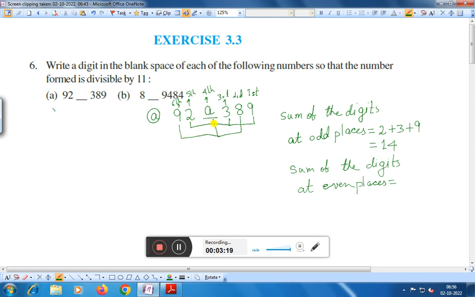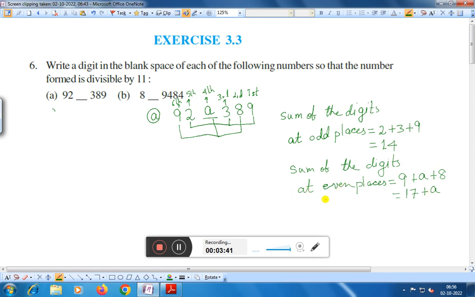Right? If we add all the numbers, we are getting 9 plus a plus 8. 9 plus 8 is 17, so 17 plus a. Now we will find the difference.